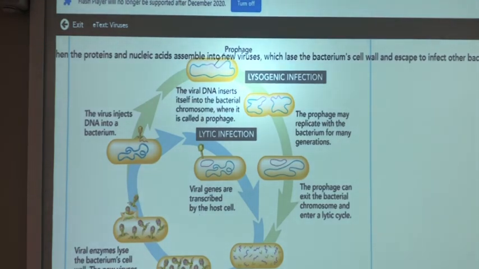So the viral genes are going to be transcribed by the host. Notice the bacterium makes new viral proteins and nucleic acids. These are the parts of the virus here. Again, the host has been taken over. So what we have is a terrorist takeover of this bacterial factory. Notice the proteins and the nucleic acids are going to assemble into new viruses.